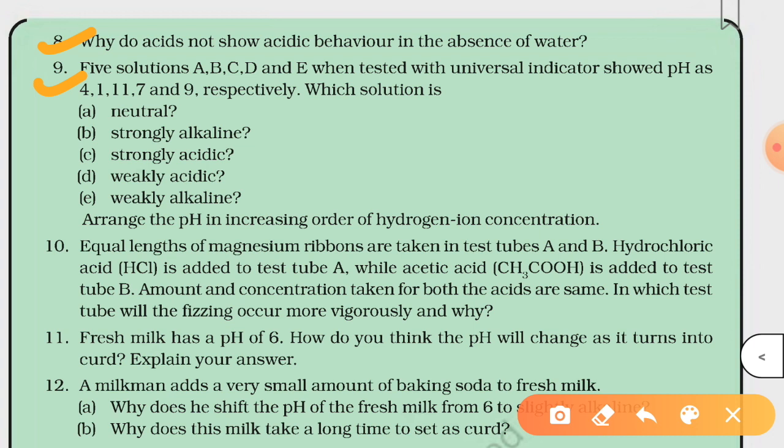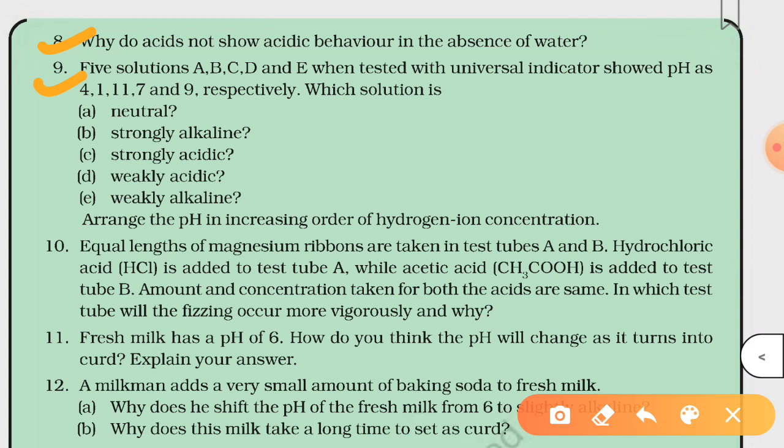Now we have to tell weakly acidic and weakly alkaline. Keeping all the concepts in mind, you can now tell the thing with pH 4, A, is weakly acidic, while the substance E with pH 9 is weakly alkaline.